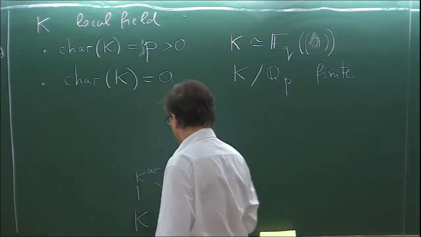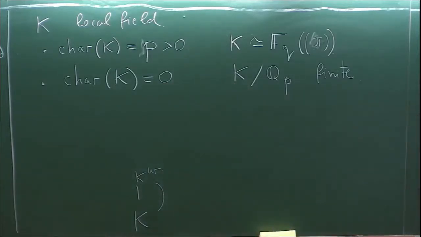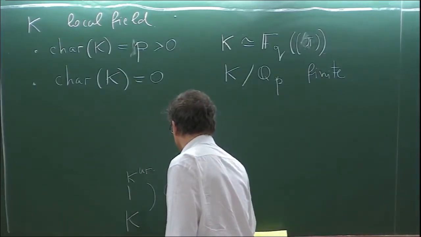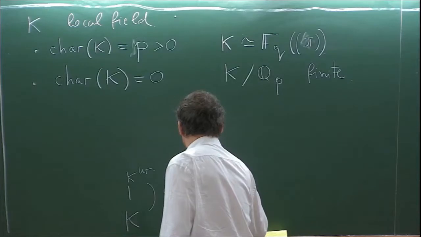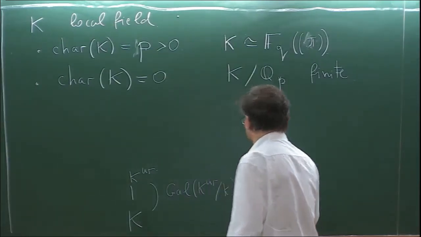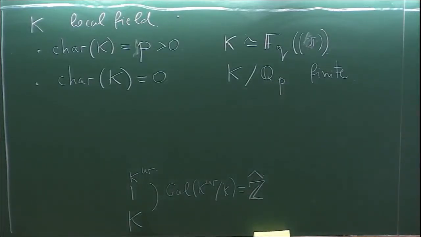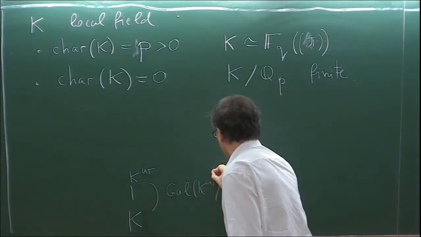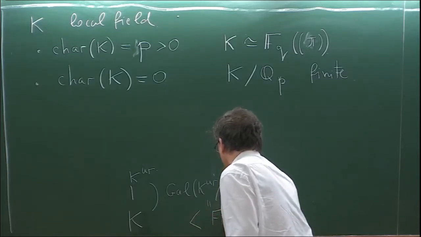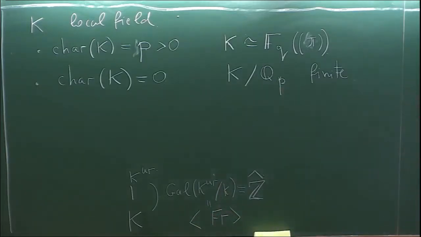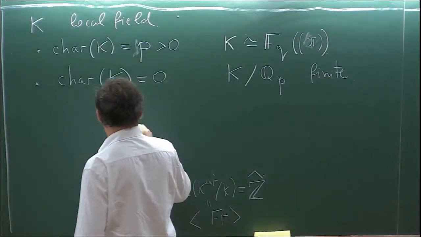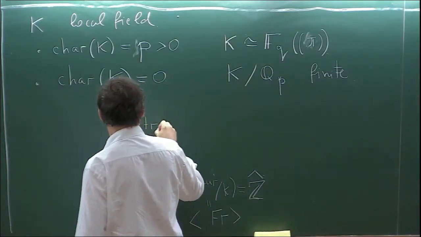The Galois group of this extension is easy to describe: the procyclic group generated by Frobenius. Next, we can take the maximal tamely ramified extension.